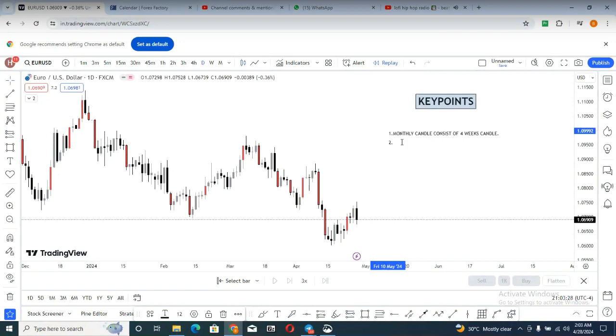So the weekly candle consists of 5 days.